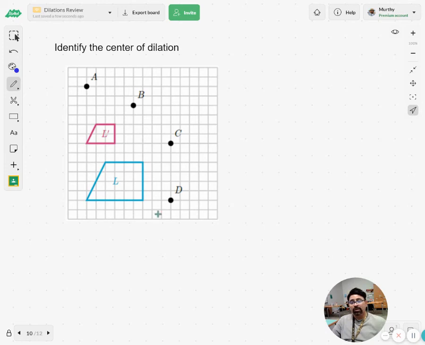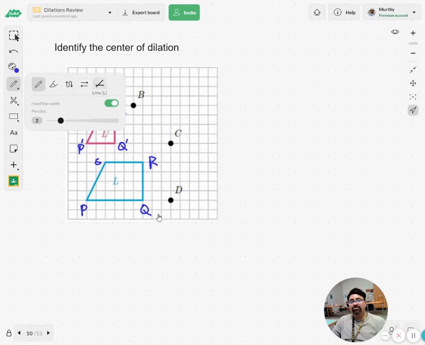So let me label this as P, Q, R, S. And the corresponding points, as you can see that L prime is given, are going to be P prime, Q prime, R prime, and S prime. Okay, then take the straight edge, join P prime, and further extend.